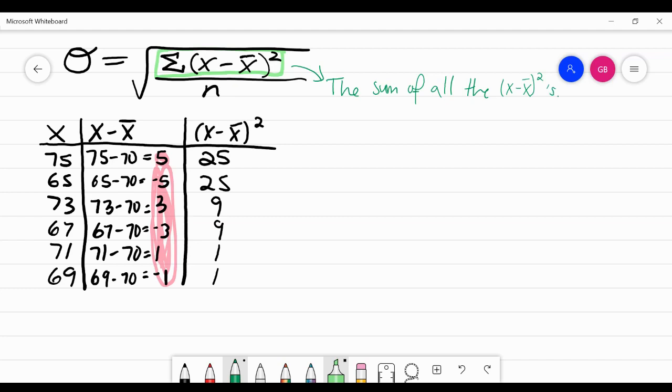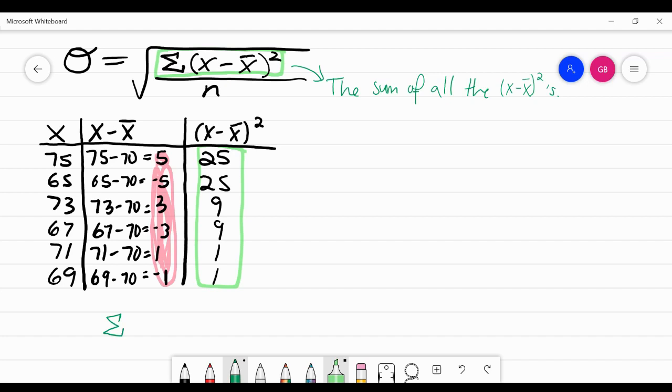Okay, so that's the sum of all of the x minus x bar squares. So we have to add all these numbers up. That's what that means.